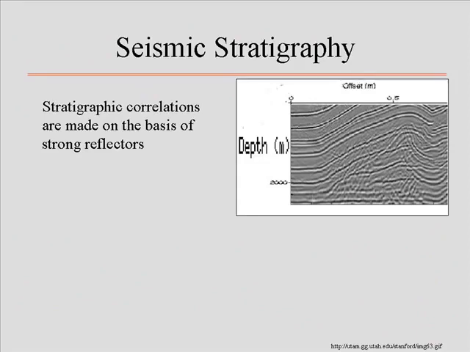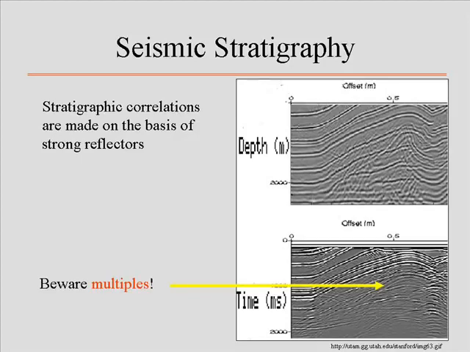All right, so strong reflectors. I have to warn you, you have to worry about interference. For example, this looks kind of complex here in the middle, but what you're looking at basically are multiples. In other words, these are reflections that the computer cannot filter out. And this does happen. It's a resonance type of phenomenon where certain waves get reinforced and get a little bit stronger. And you don't want the computer to be basically filtering out everything, because if it does, it might filter out something that is really important.